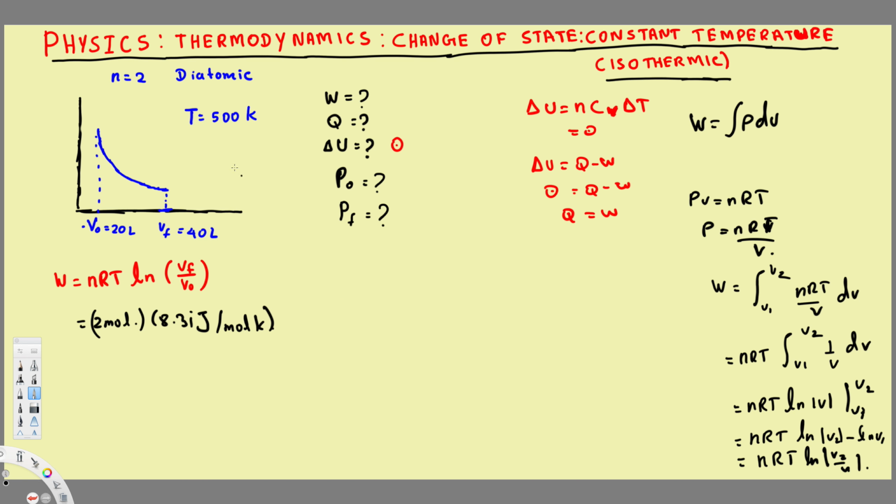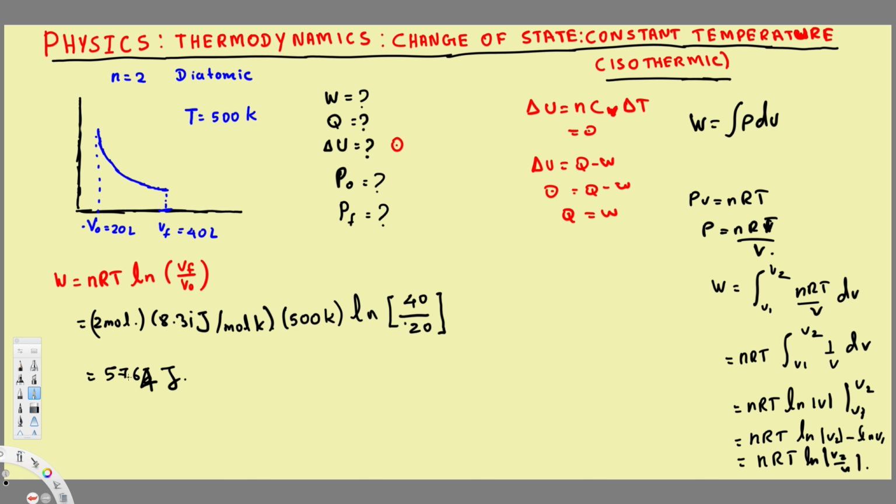So here 500 Kelvin, times ln V final, which is 40 liter, over V naught, which is 20 liter. We don't have to convert liter into meter cube because liter and liter are going to cancel. If you calculate this one, that's going to give you 5764 joule.